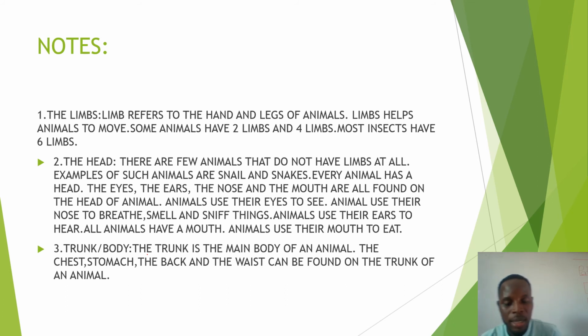And that one is the trunk, or the body of an animal. So the body, or the trunk, is the main body part of animals. The chest, stomach, and back, as well as the waist, can be found on the trunk of an animal.